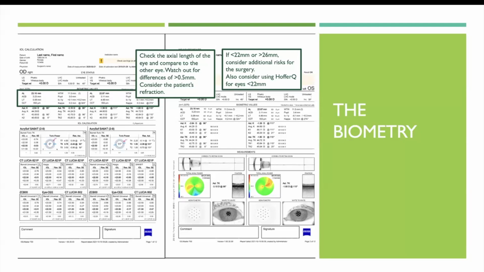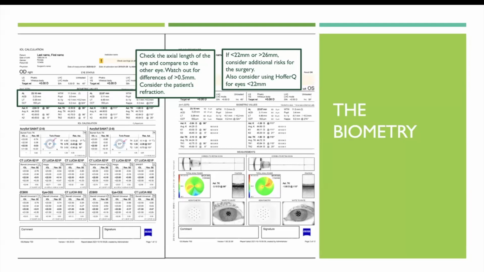Or if it's not, then it's always worth either repeating the IOLMaster, which like I said is usually very accurate, or sometimes an A scan can be helpful as well, just to cross-reference the numbers. And if they're similar, then what you're looking at is a true difference in the axial length. But do bear that in mind: if there's a difference of about half a millimeter or more, take a step back and make sure that that difference is accounted for.